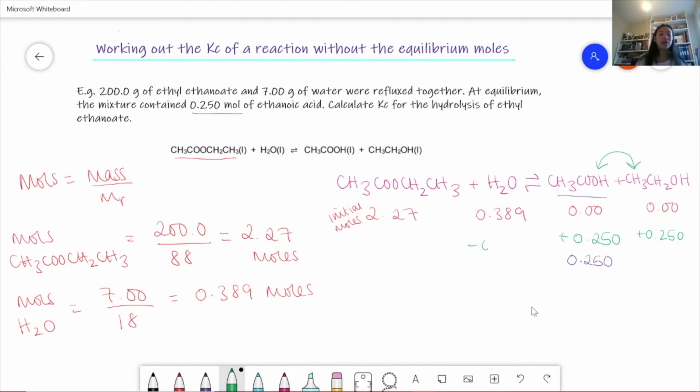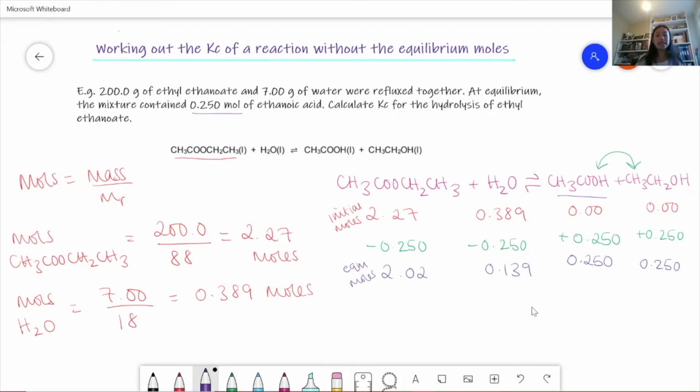So that means that the reactants have both lost 0.250 moles. And so we have that the equilibrium moles are 2.02, 0.139 and 0.250, and these are the equilibrium moles.